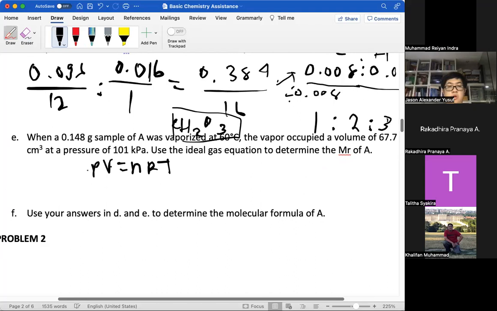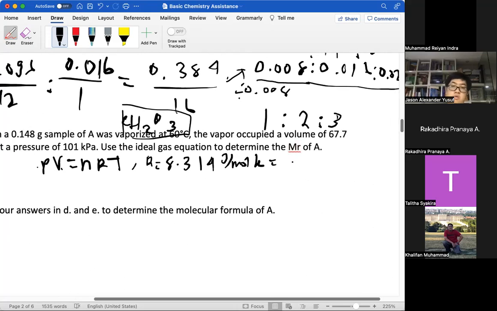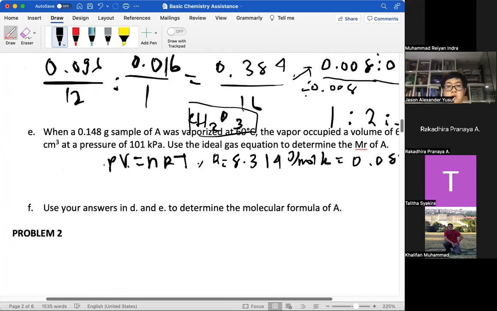In which P is your pressure, V is your volume, n is your number of moles, R is a constant known as the universal gas constant, which is R equals 8.31 or 8.314 joules per mole Kelvin. And basically, if you go through any resources, they'll also provide values like 0.082 liter atm per mole Kelvin. But usually we're going to use this as the basis.